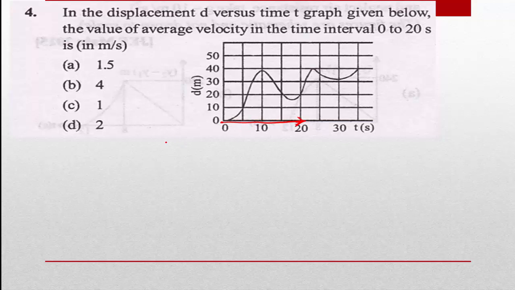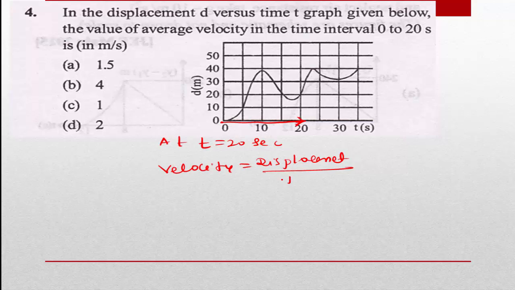Here along this axis, at time t is equal to 20 seconds. How to calculate the average velocity? Velocity is equal to displacement divided by time.